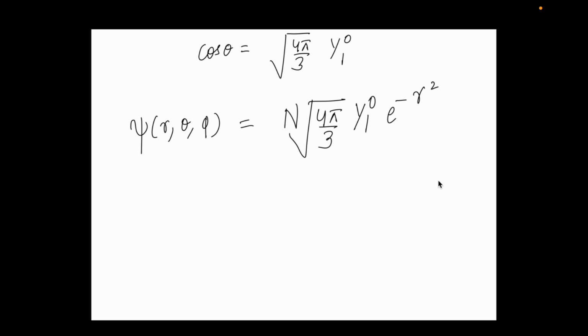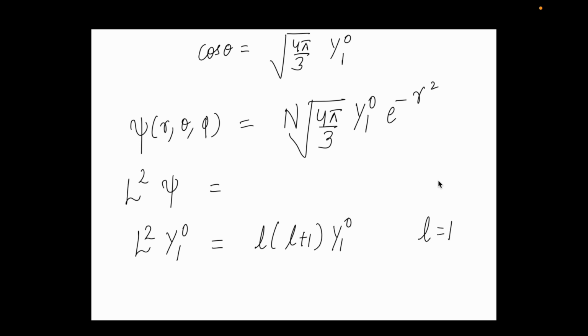Now if you operate L square on this, what would you get? L square operating on Y10 gives you l times l plus 1 h bar square Y10. Where l is 1, this is 2 h bar square.